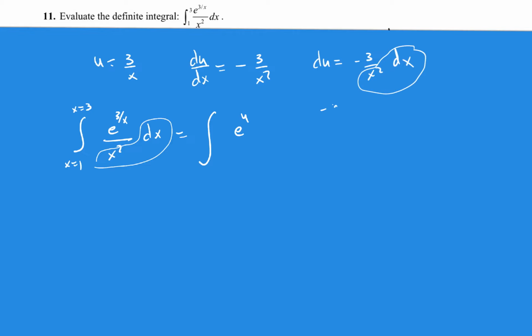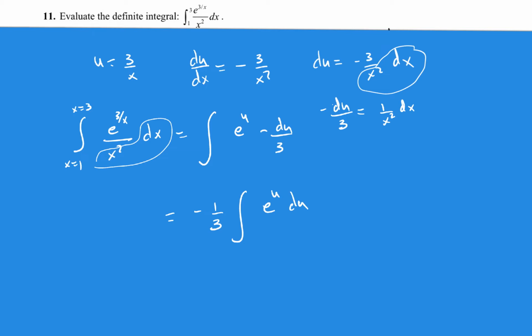So minus du divided by 3 is 1 divided by x squared times dx. So I will put dx divided by x squared as minus du divided by 3. So now the integral will be minus 1/3 times the integral of e to the u du.